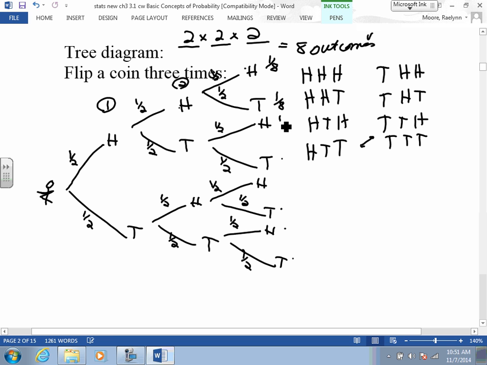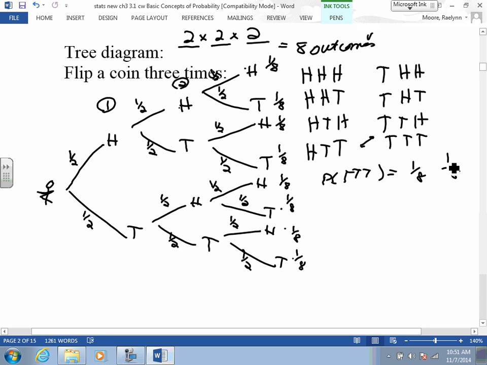Each one of them has 1/8 of a chance. So if I say, what is the probability of a tails, tails, tails? Tails, tails, tails, 1/8. I look at my sample space. Out of 8 possibilities, one of them is all tails.